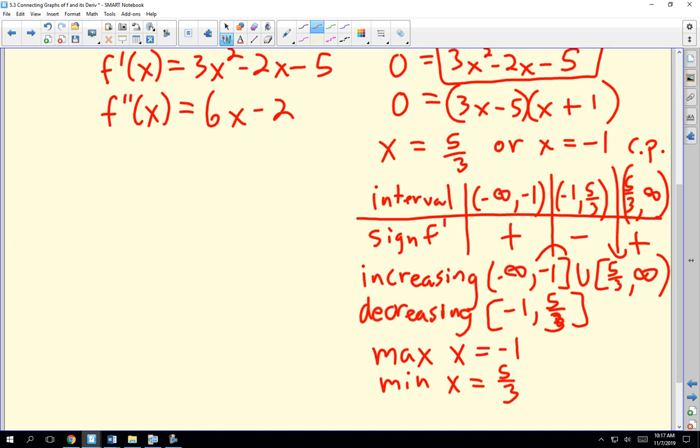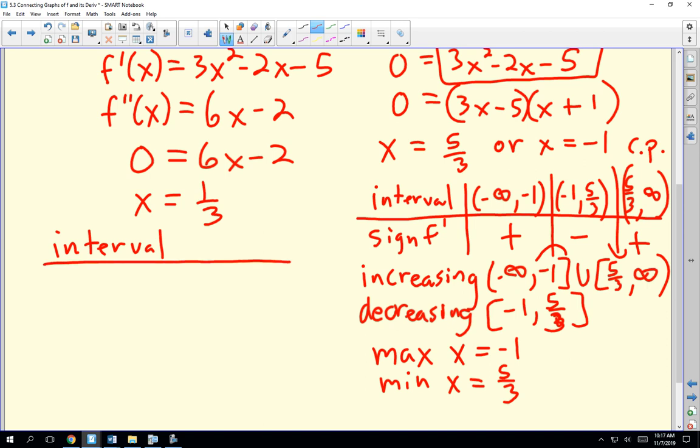And then we go and we do a similar type of process with the second derivative. We set the second derivative equal to 0. We solve for x. X equals 1/3. Make a little table here. Write sign of f double prime there. That's what we're checking. We have an interval that goes from -infinity to 1/3.